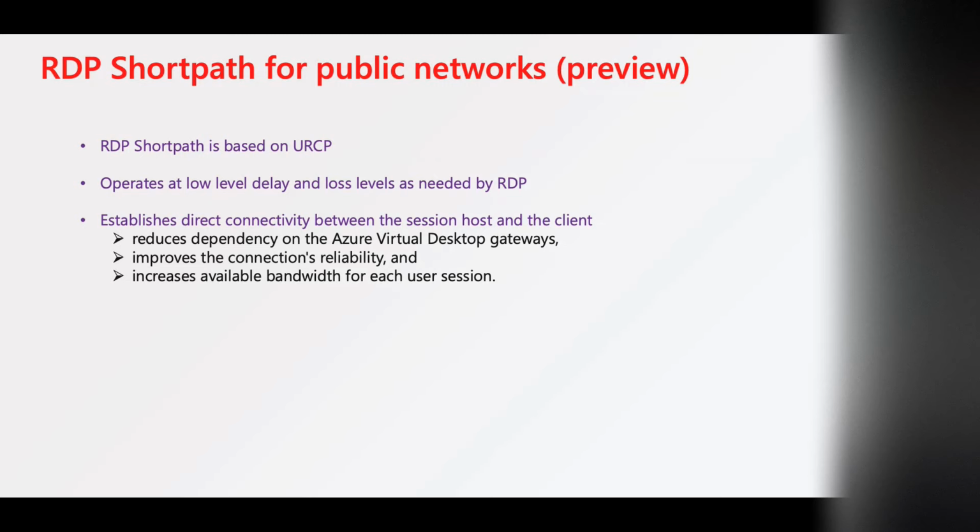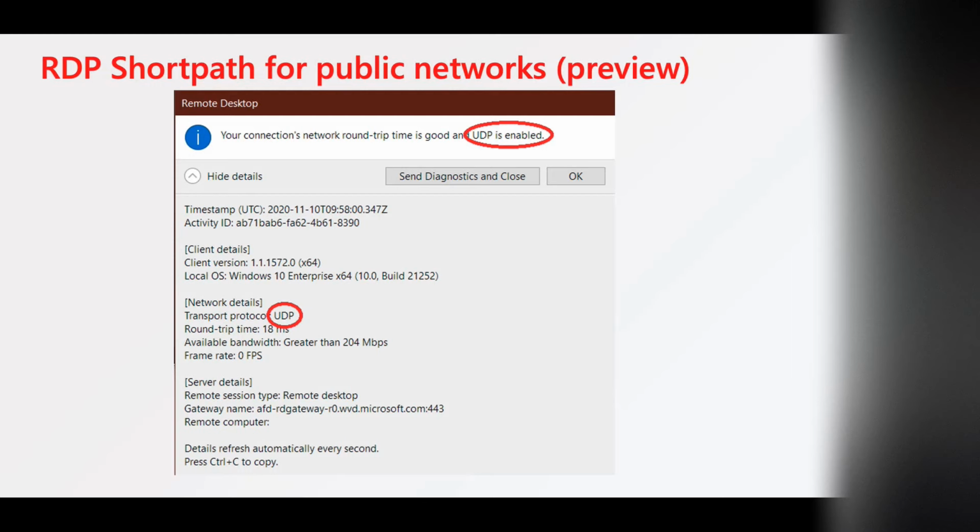Just to give an example, if you connect your desktop and enable that registry entry, this is what you will see. The UDP is enabled, and you can imagine the round trip time is in milliseconds, much better than if you run on TCP. The default is TCP, but you need to manually configure this option if you want to take advantage of it.